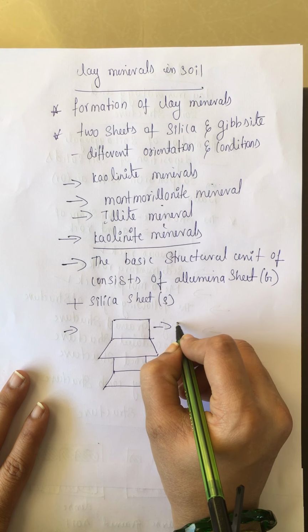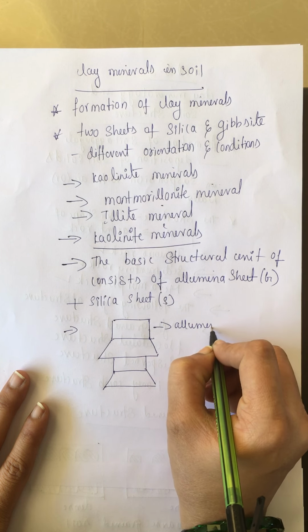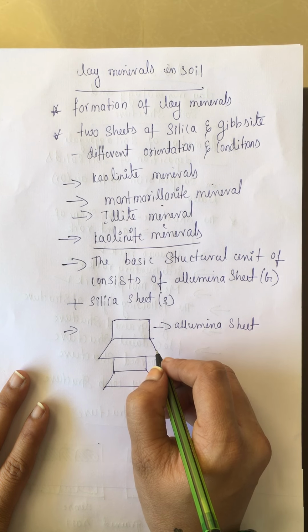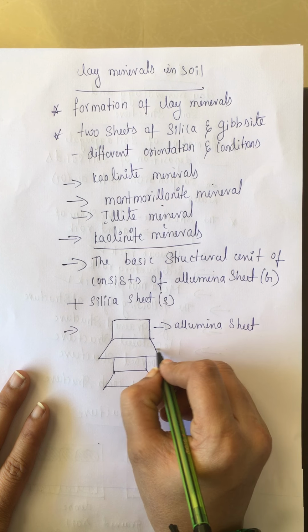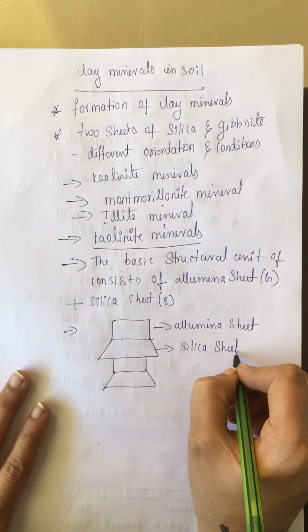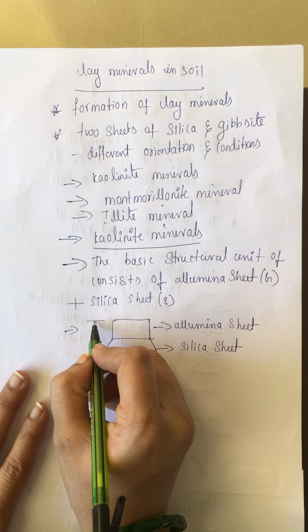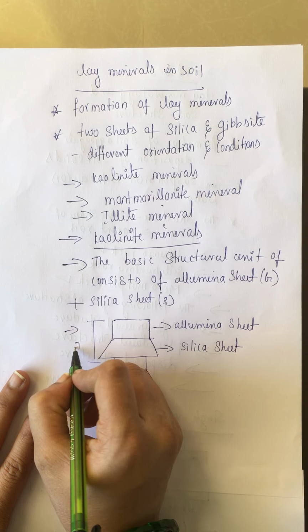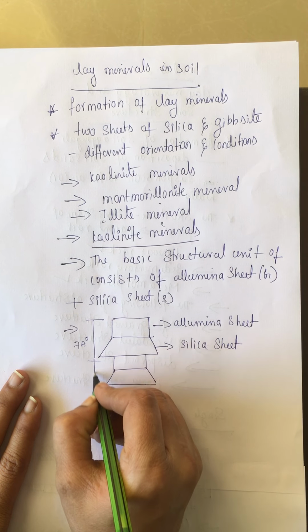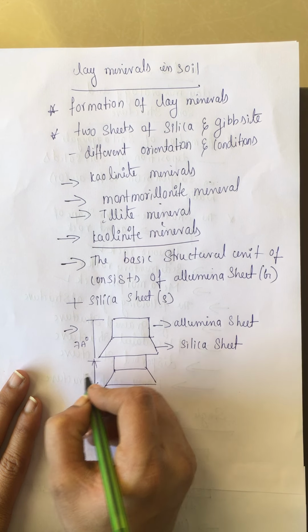First one is the alumina sheet, then the silica sheet, the size is 7 angstrom, and even this is 7 angstrom.